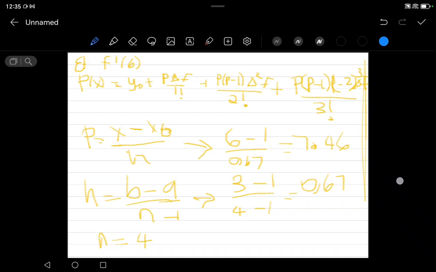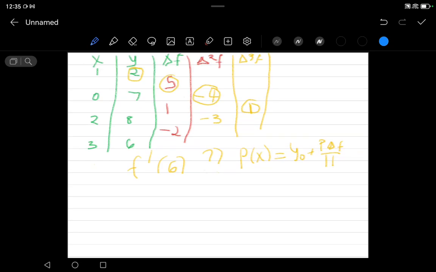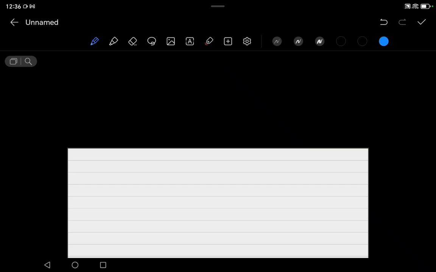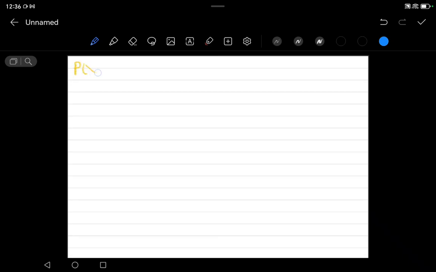Our y0 is 2. Okay, our y0 is going to be 2. Now let's substitute into our equation. Let me write it down on this side. So this was our equation. I'm just going to rewrite it.